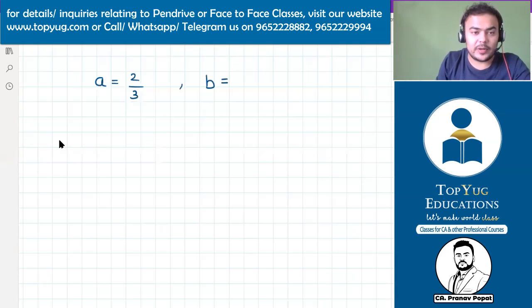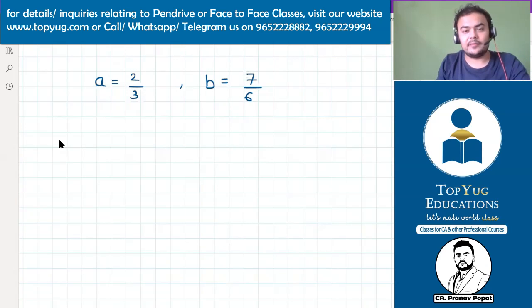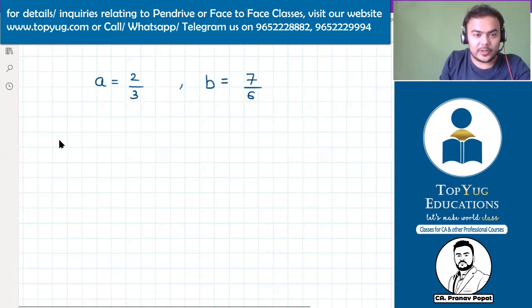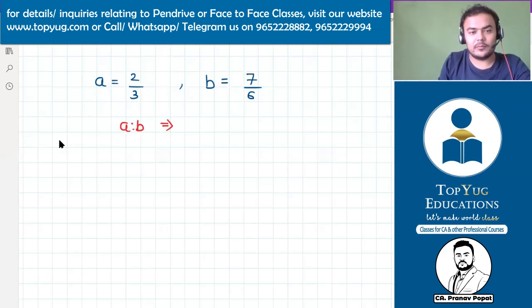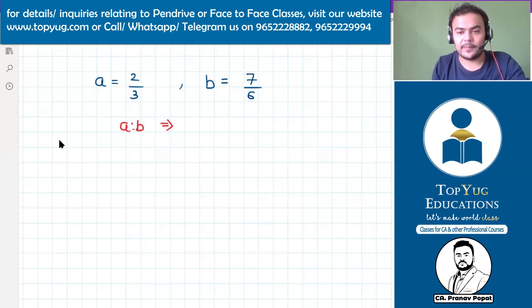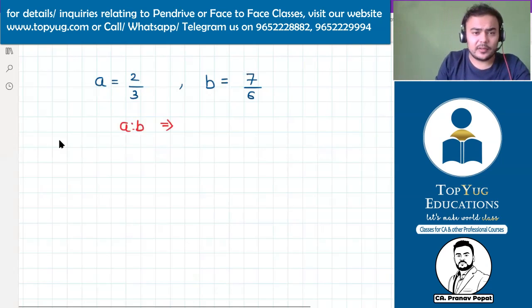Second term, consequent, is 7 by 6. Now, what is the ratio A ratio B? Tell me. What is A ratio B? It's very simple, sir. We'll directly write 2 by 3 ratio 7 by 6.